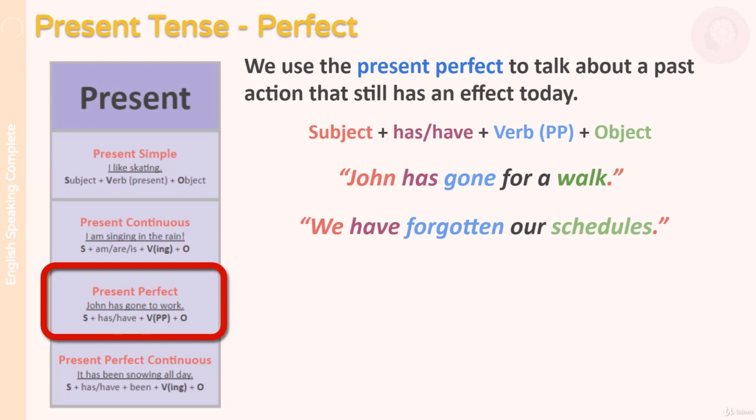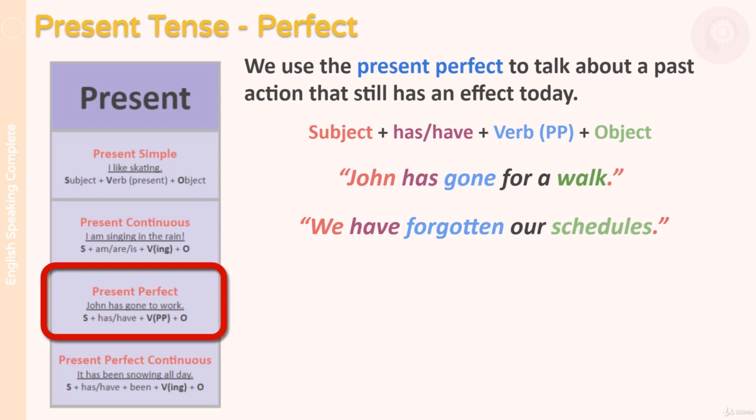V2, forgot. V3, forgotten. So we forgot the schedules earlier. Therefore, we don't know where to go. The effect is we are lost. We don't know where we need to be. So something that happened in the past that has an effect today.